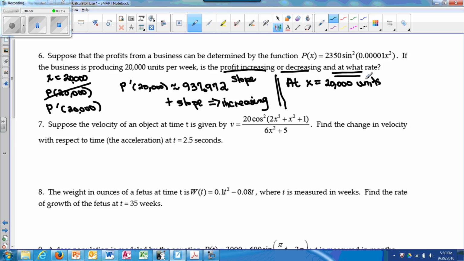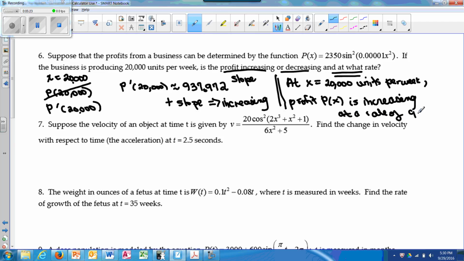So at x equal to 20,000 units per week, because that's the correct notation for the input variable, the profit, which is the function p of x, is increasing because we had a positive derivative at a rate of 937.972, and slope is technically the change in y, or in this case p, over the change in the input, which was x.